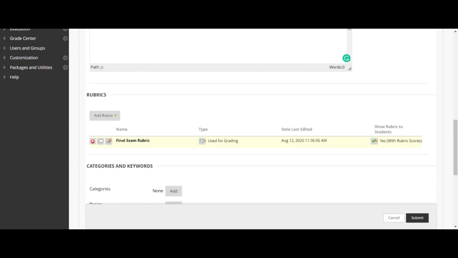The last part is basically just errors, mechanics and organization. Again, I'm not really big on that for the final exam. Usually when it gets to the point where it makes it very difficult for me to understand the points that you are trying to get across, then that's when this comes into play.